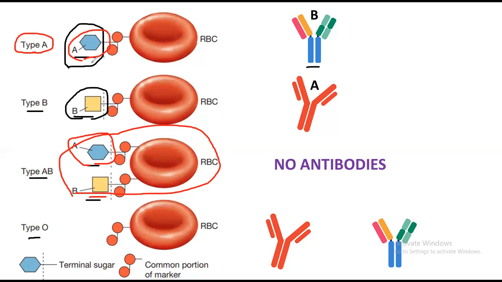So what will happen? It will kill the RBC of that type AB blood, but it will also start destroying its own RBC, because they are having antigen A over their surface. So the RBC that are present inside the body of the person with blood group A will be destroyed by those antibodies.